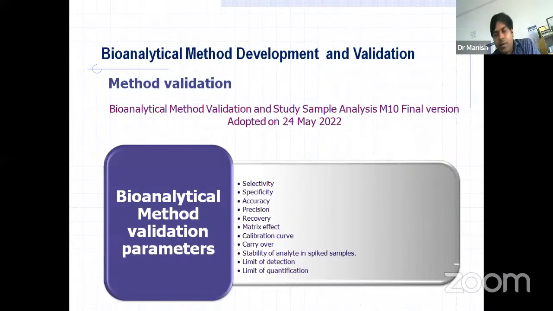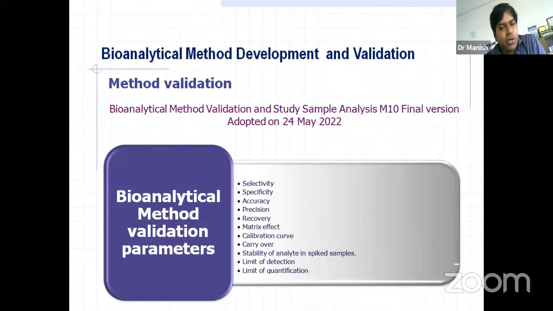So the method development part is over. So we are going to deal with validation. As I said previously, we are going to adhere to the US FDA guideline, and I have recently gone through the new adaptation of ICH guideline M10. The final draft was released on 24th May 2022, and it is going to be uploaded to the ICH website from 21st January 2020.